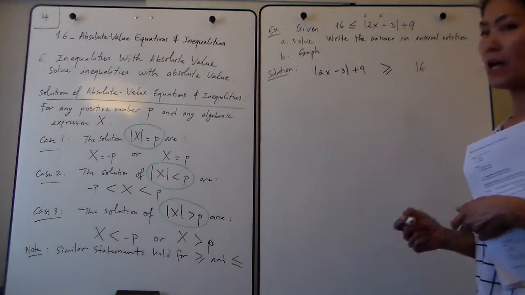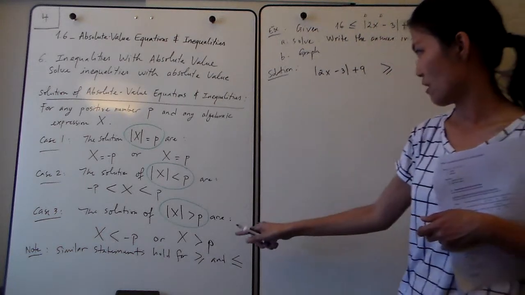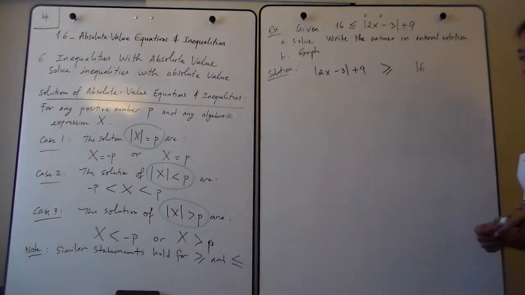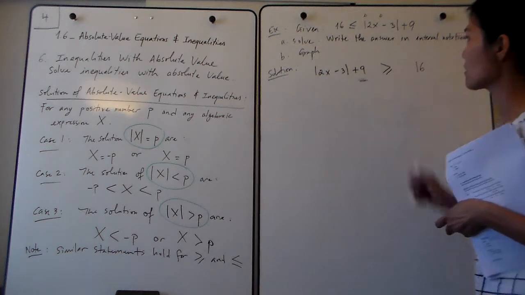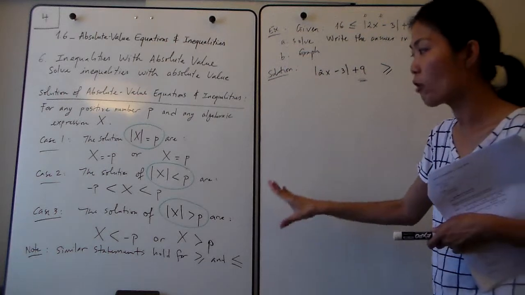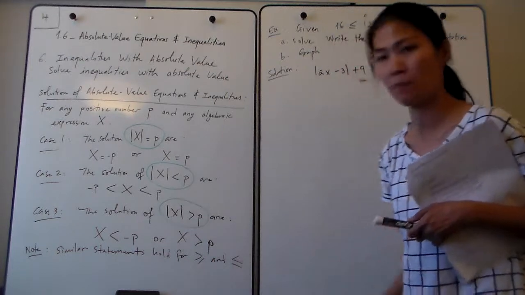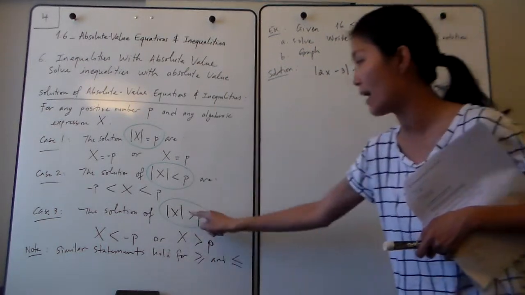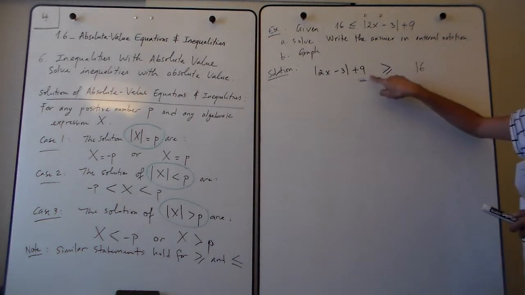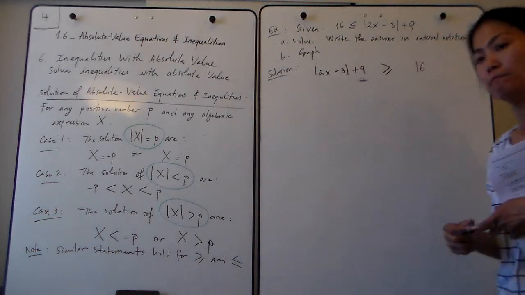It would also be wrong to go ahead and use this rule to start solving it, because you still have this constant term. This rule applies when there are no constant terms added to the absolute value. So make sure you eliminate this constant term first before you use this rule.